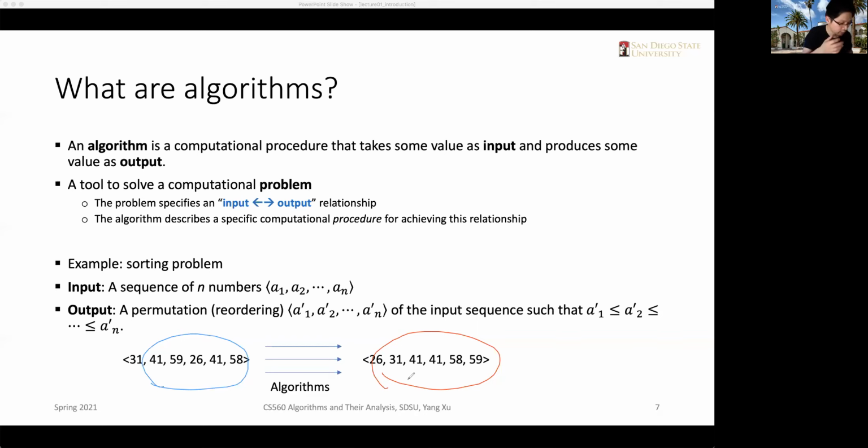But if we have sufficient time but not enough memory space, then we will prefer something more efficient in memory cost. That's the sorting algorithm as an example to introduce the concept of an algorithm.